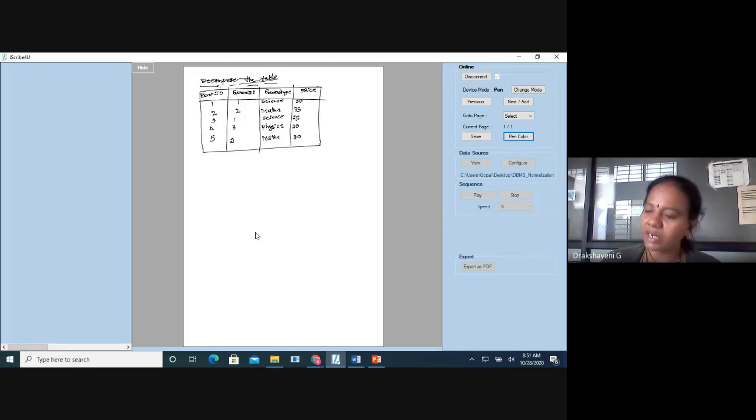Okay. So now we have to decompose this table. So how to decompose this table? Let us decompose this table into, first, the book table. So let us take book ID, then general ID and price.